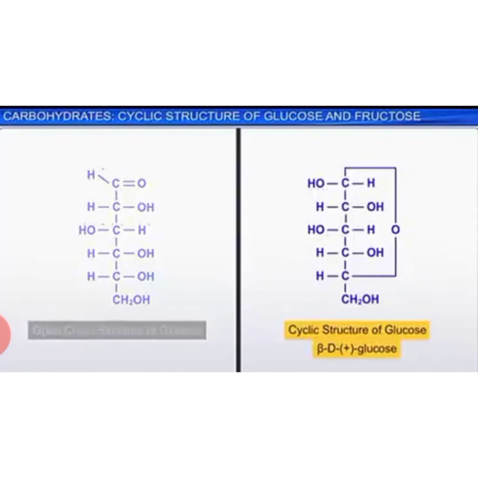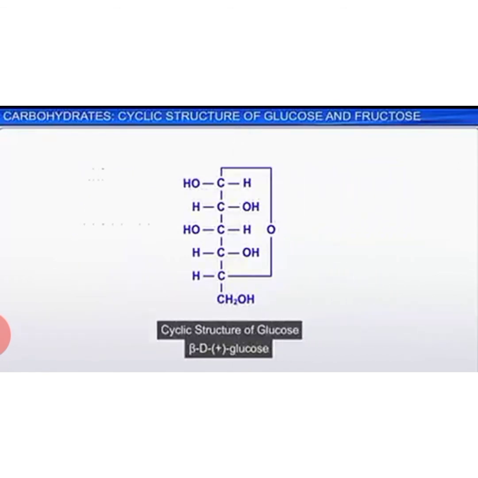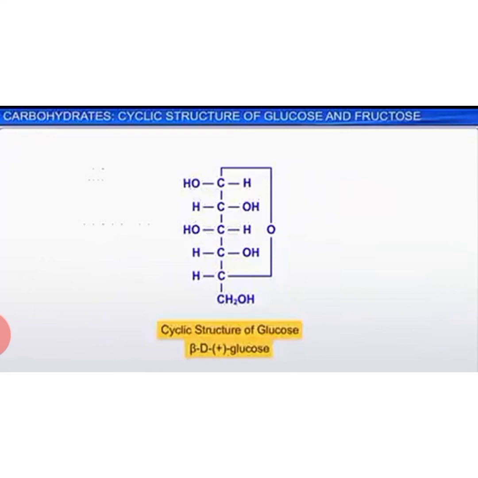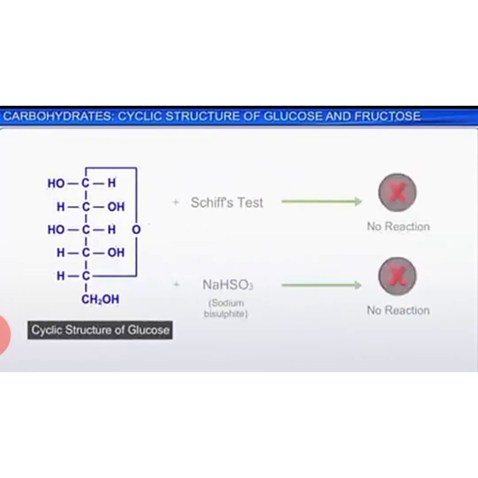The work done by many chemists helped establish the cyclic structure of glucose. It accounts for all the objections against the open chain structure. Since the ring structure has no free aldehydic group, glucose does not respond to certain characteristic tests of aldehydes, like Schiff's test and addition reaction with sodium bisulfite.